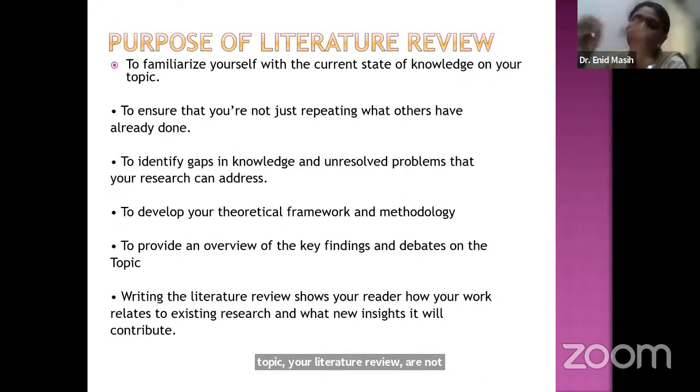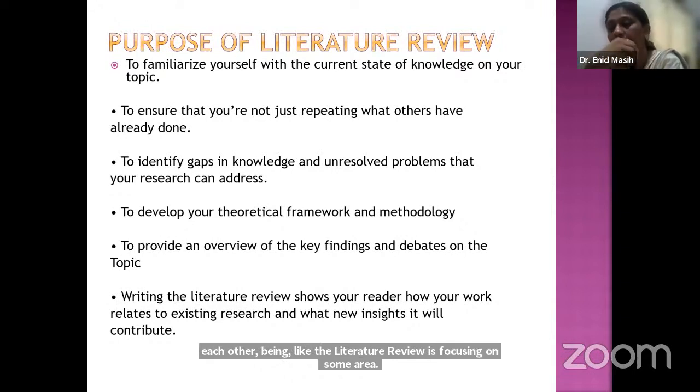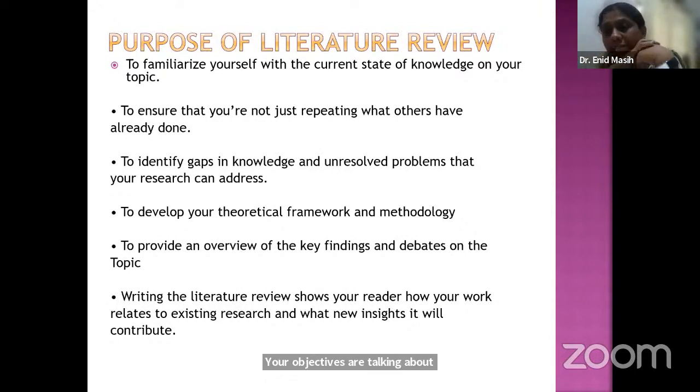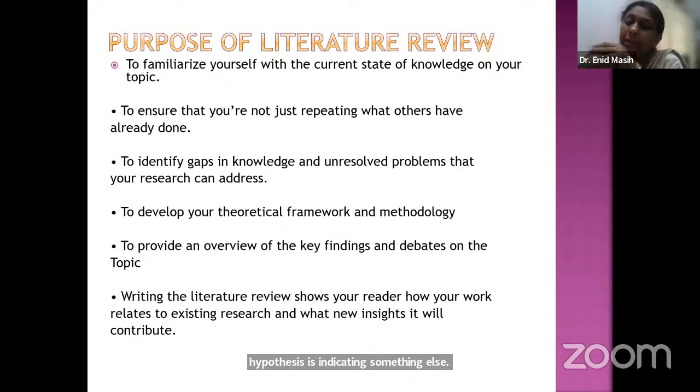Your literature review is focusing on some area, your objectives are talking about some things, and your hypothesis is indicating something else. So why does it happen? It happens because we have missed that important foundation.